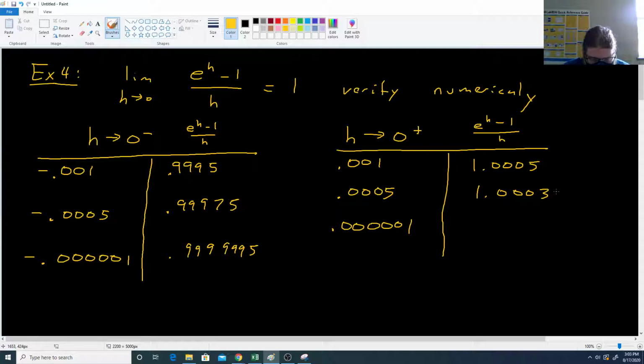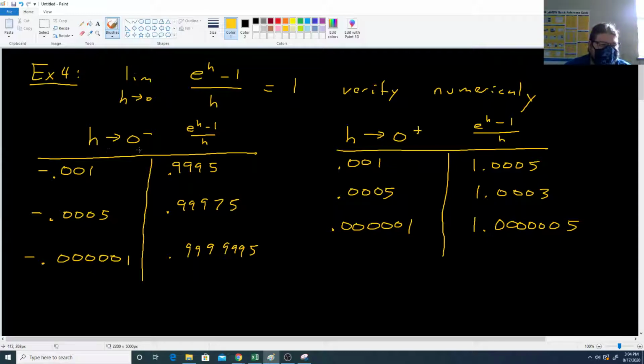If I put in 0.000001, I get back 1.0000005. So this looks like it's approaching 1.